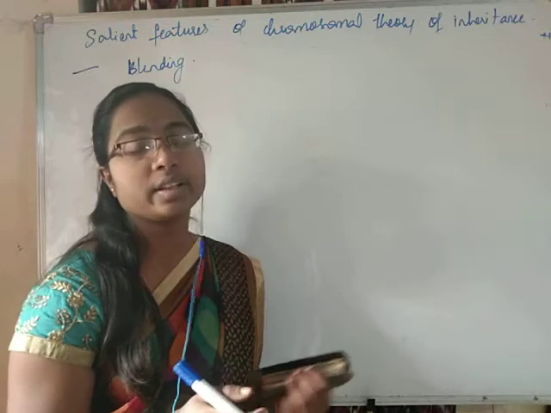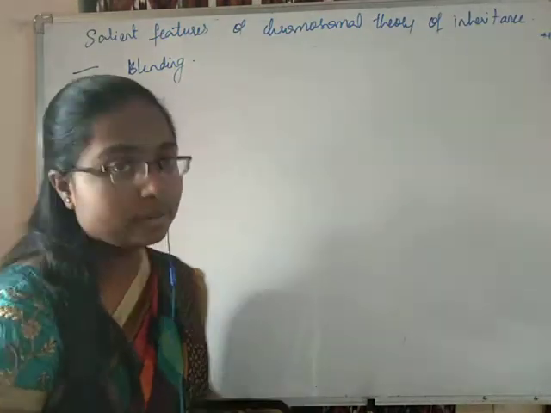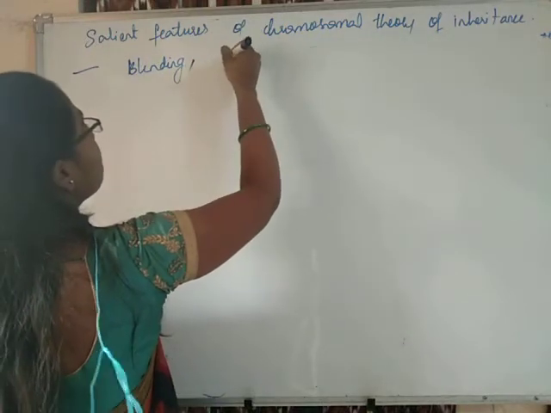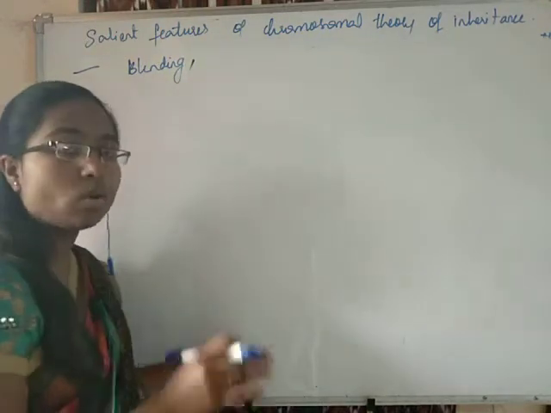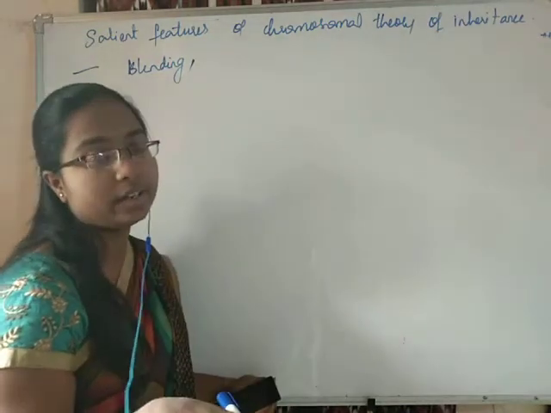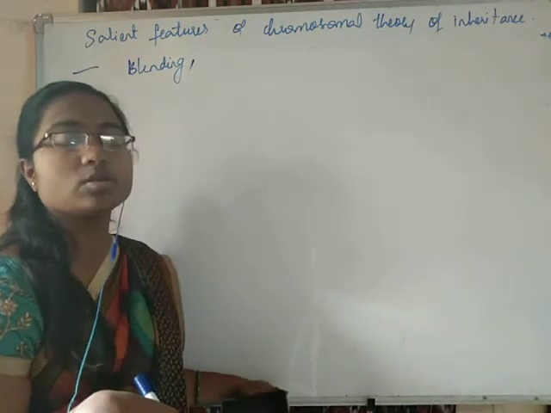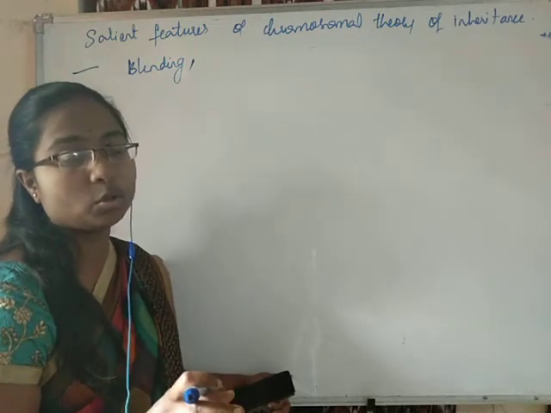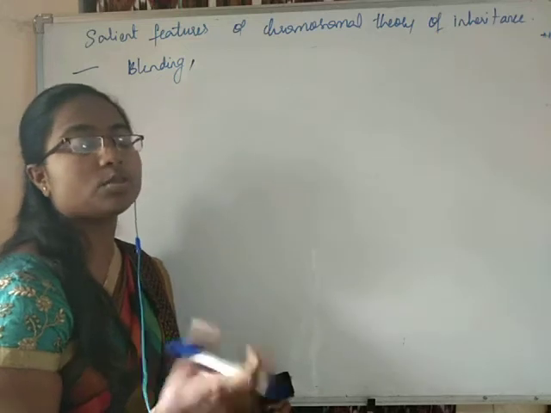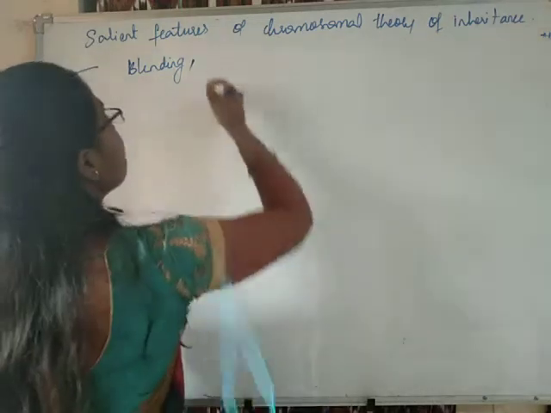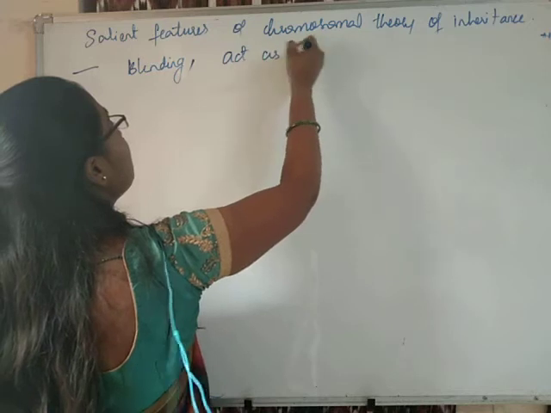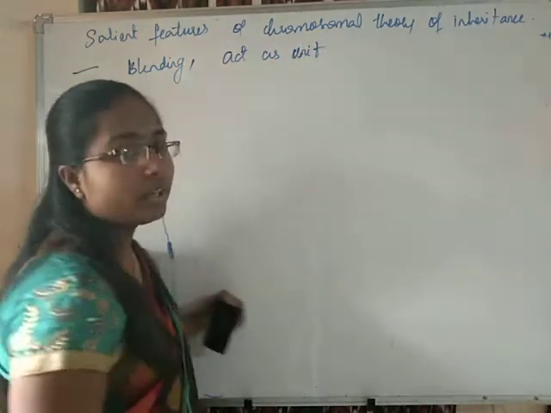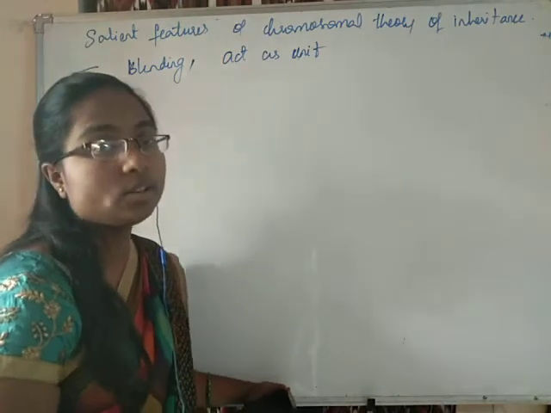Each chromosome is considered as one unit, and during inheritance the entire single set of chromosomes is inherited together. So these chromosomes act as a unit.